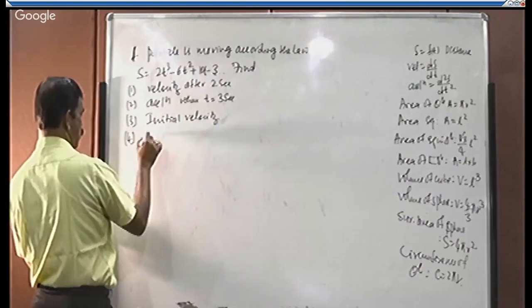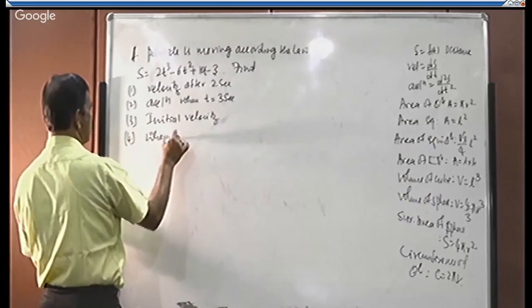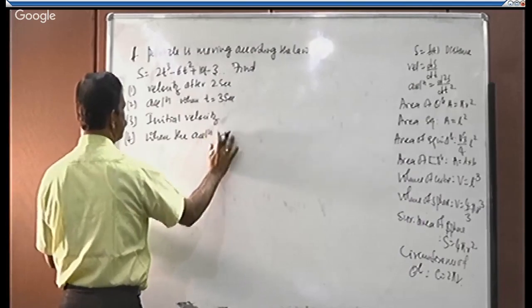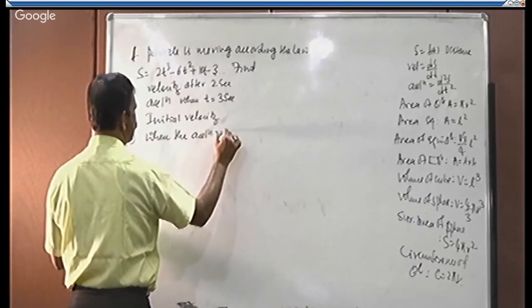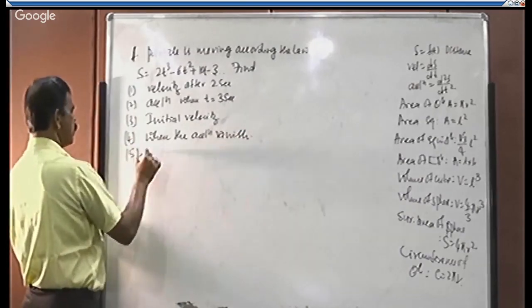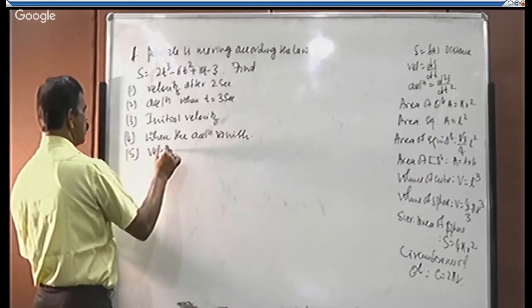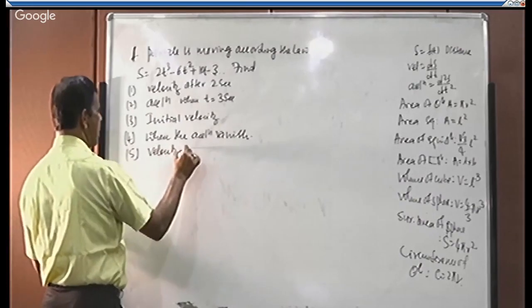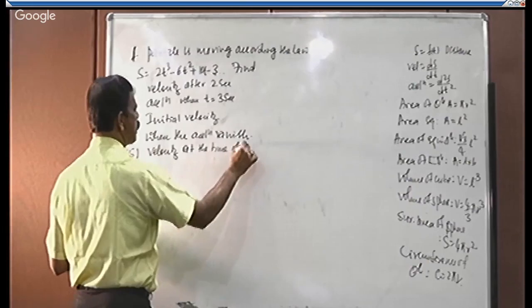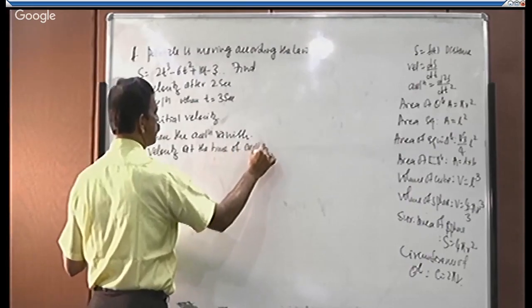Number 4, when the acceleration vanishes. Fifth point, velocity at the time of acceleration is 0.